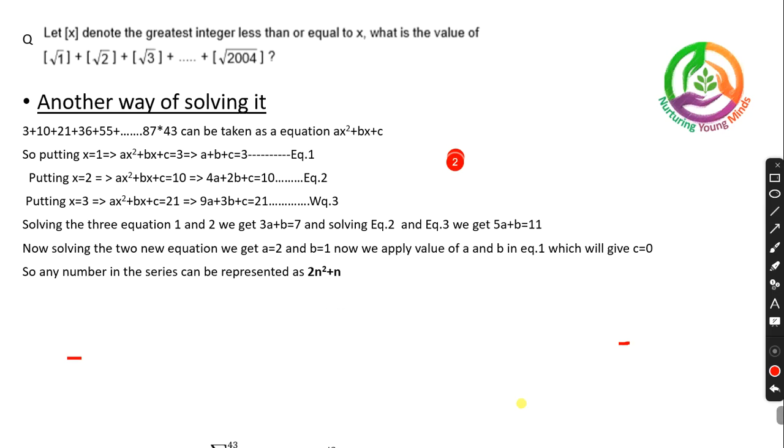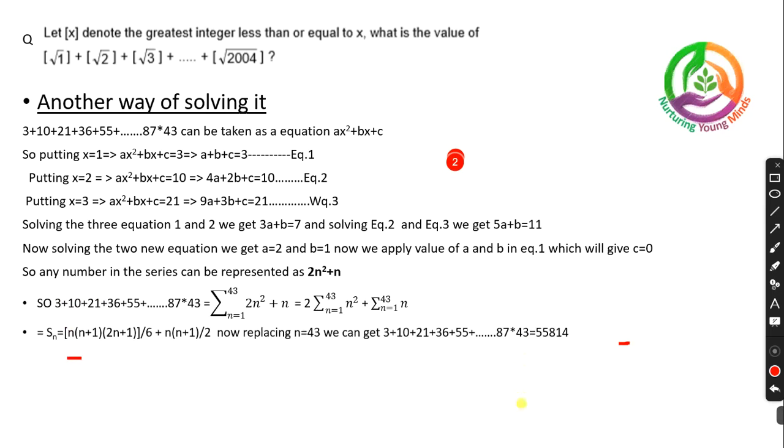Now if you apply the same formula, the summation of n square is n into n plus 1 into 2n plus 1 by 6, and again the summation of n from 1 to 43 becomes n into n plus 1 by 2. So if you replace n with 43, you get this sum very easily.